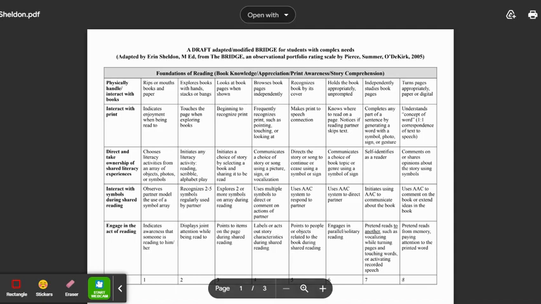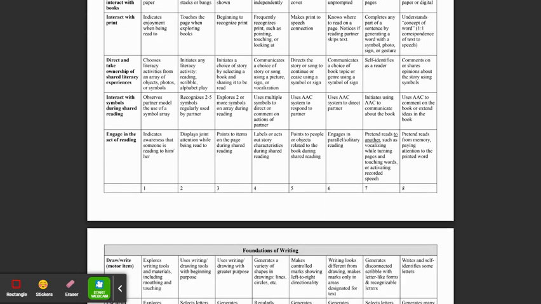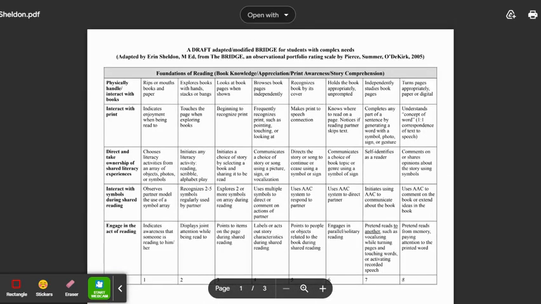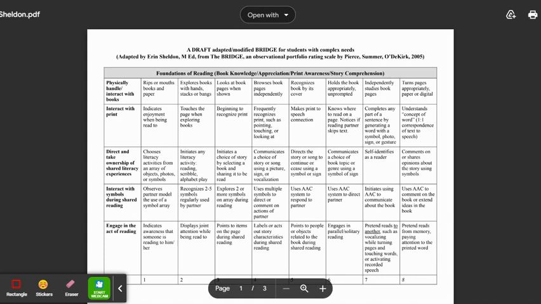Again, I would encourage you to use this as a progress monitoring tool. It's not necessarily something we're going to use for criteria or to put into students' needs from an IEP perspective, but we're going to use it to help us track and monitor how they're progressing along this continuum.